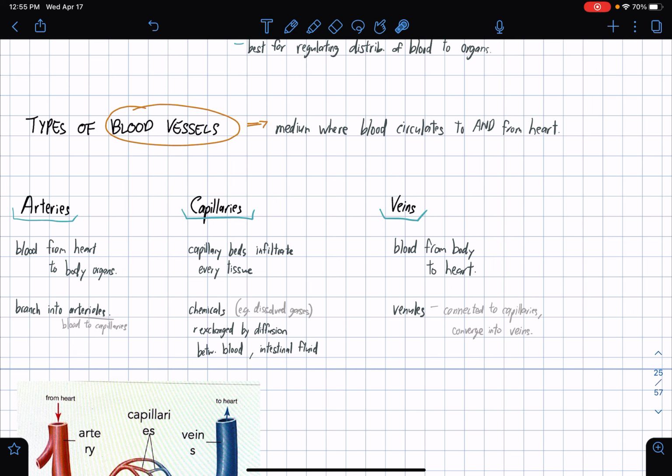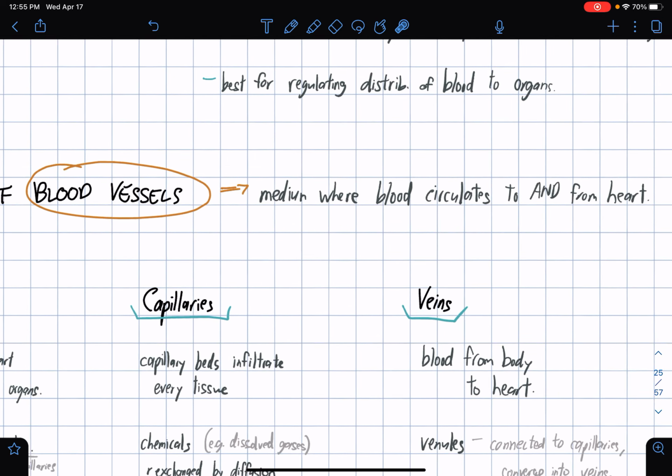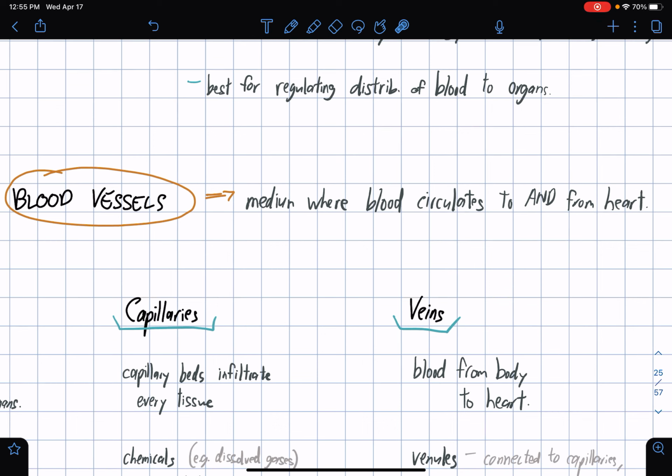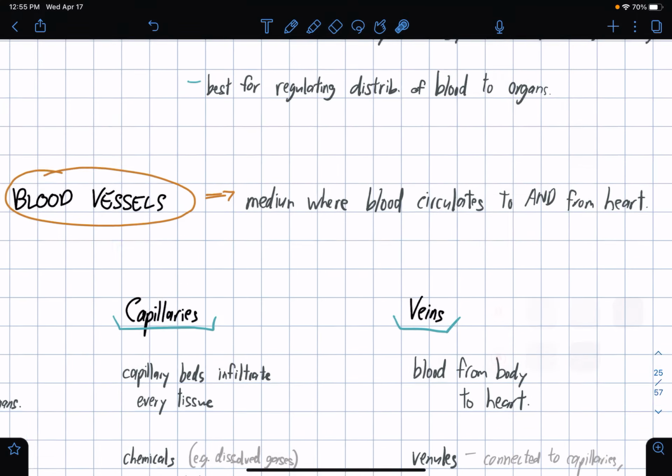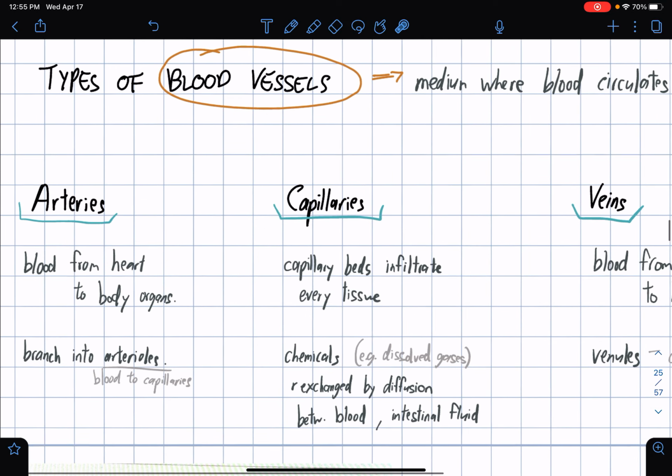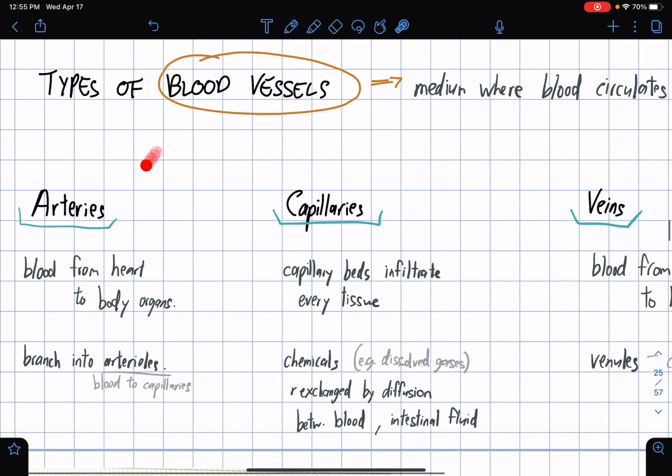Regarding the types of blood vessels, as stated earlier, the main definition is that they serve as a medium where blood circulates to and from the heart. We have three kinds. Arteries carry blood from the heart to the body organs. This is oxygenated blood. They branch into arterioles, and arterioles into capillaries.